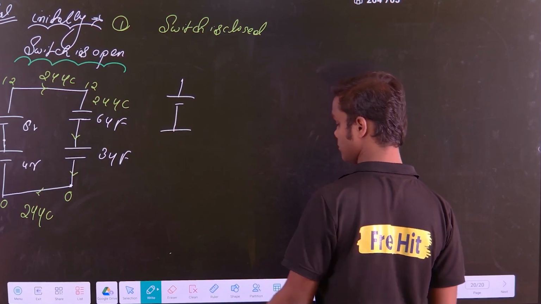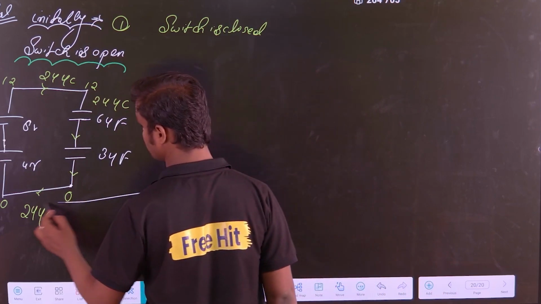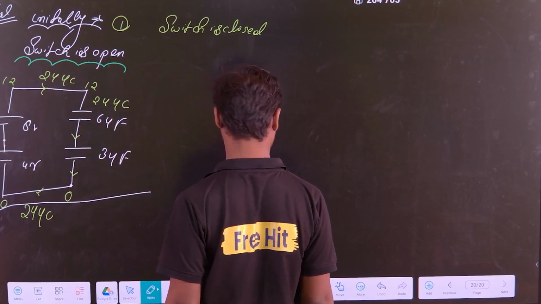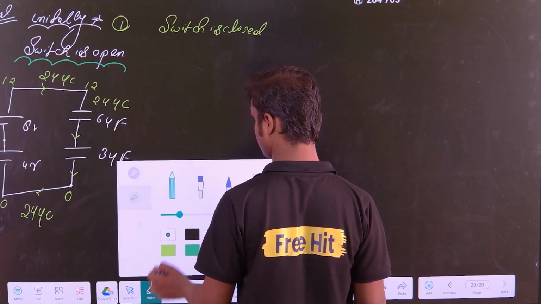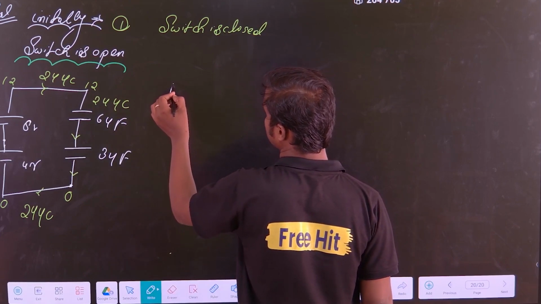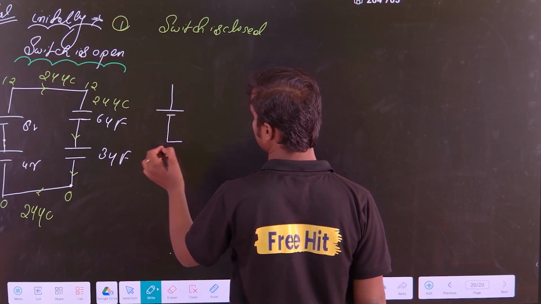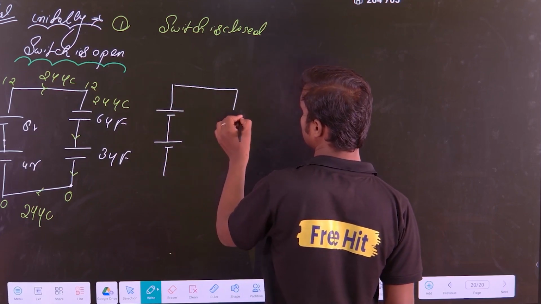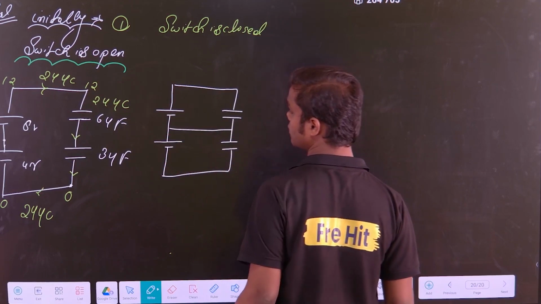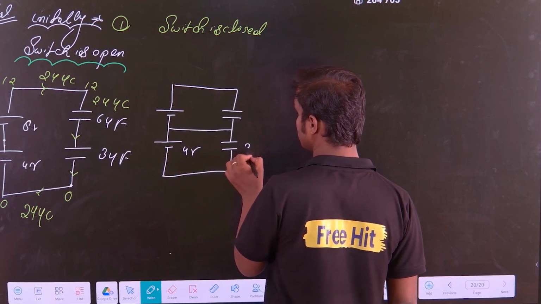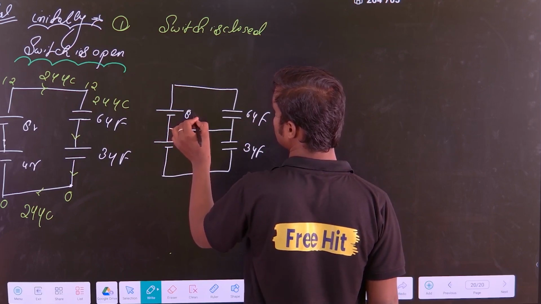Let me draw only. The circuit will become this: 4 volt, this 3 microfarad, this 6 microfarad, this 8 volt, like this.